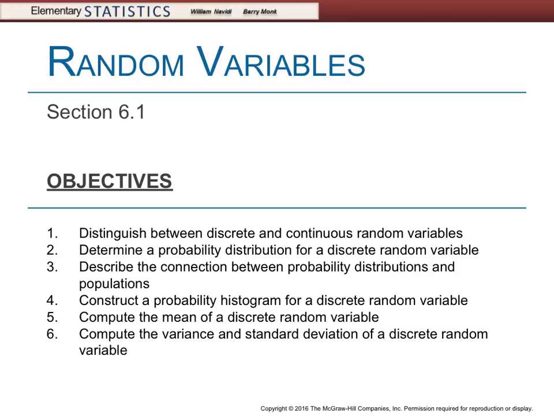So our objectives in this chapter are to distinguish between discrete and continuous random variables, determine a probability distribution for a discrete random variable, describe the connection between probability distributions and populations, and construct the probability histogram for a discrete random variable. We're going to compute the mean for a discrete random variable. We will compute the variance and standard deviation for a discrete random variable using the calculator.